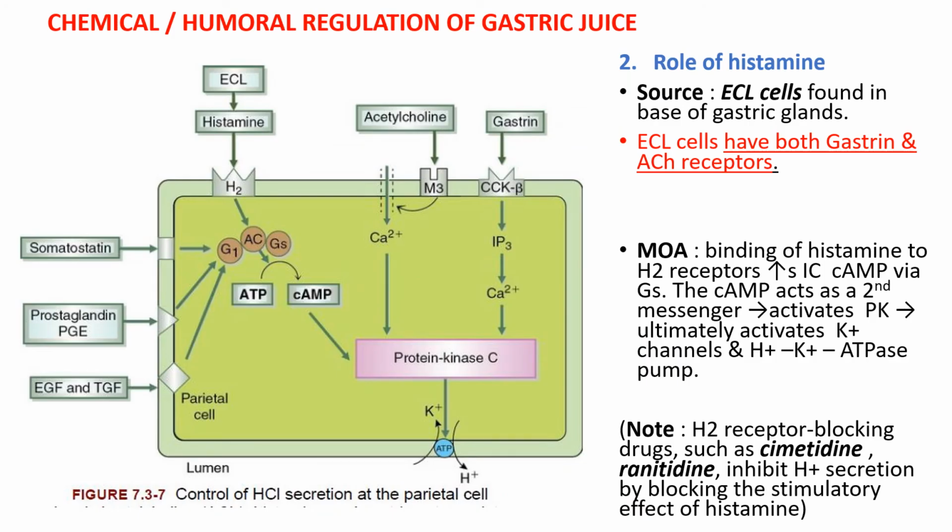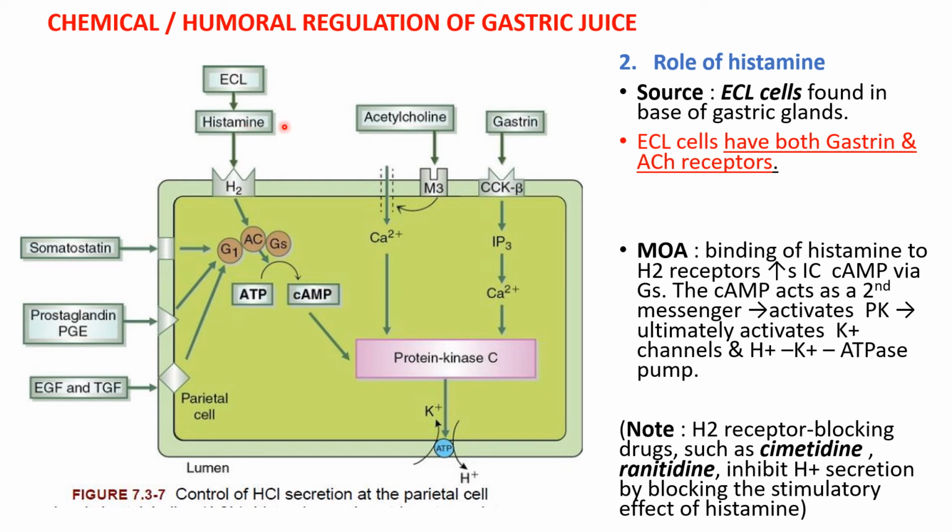Just like gastrin, histamine also stimulates gastric acid secretion. Histamine is released by enterochromaffin-like cells, or the ECL cells, found in the base of gastric glands. These ECL cells have receptors for both gastrin as well as acetylcholine. Now in this diagram you can see the enterochromaffin-like cells that secrete histamine.